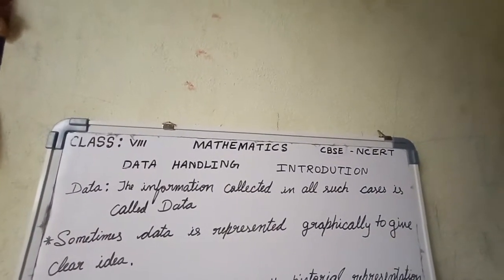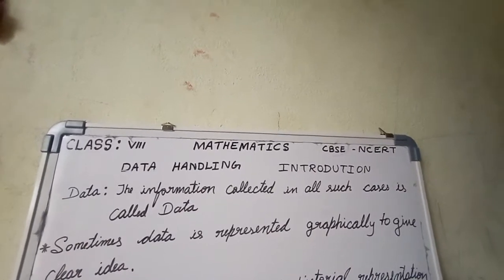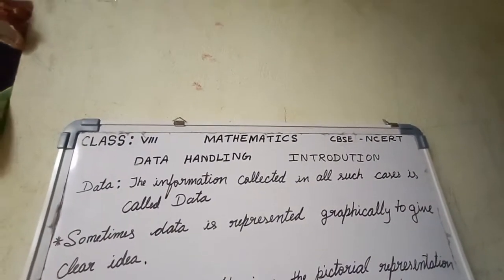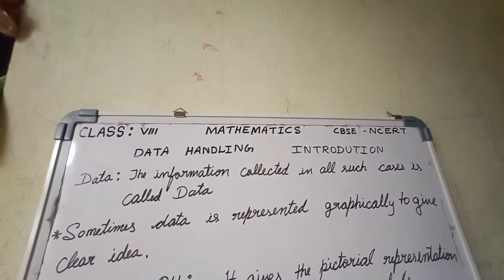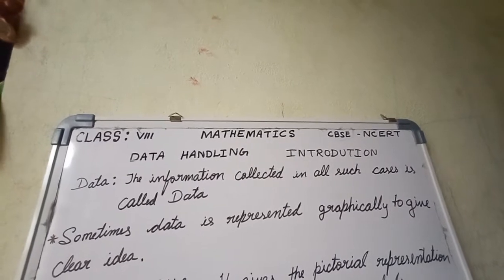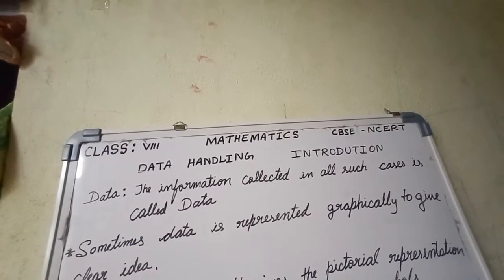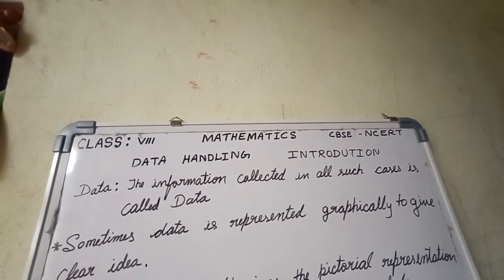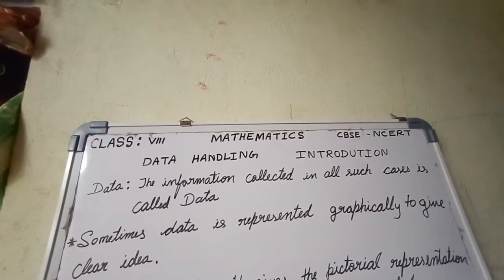Sometimes data is represented graphically to give a clear idea. Dear students, this data handling is very much helpful in our day-to-day life. Even the progress of the institution, progress of companies or whatever, it gives just in the form of a picture, graphically, in the form of a graph.